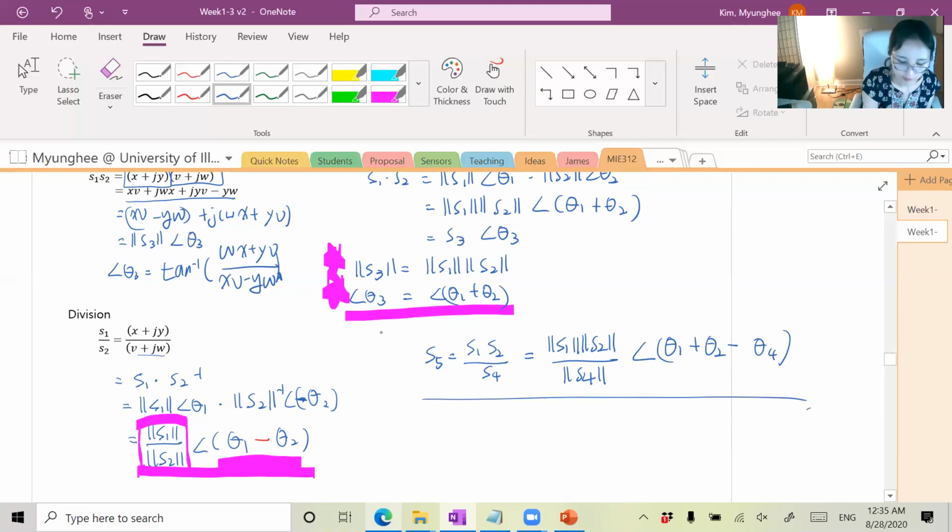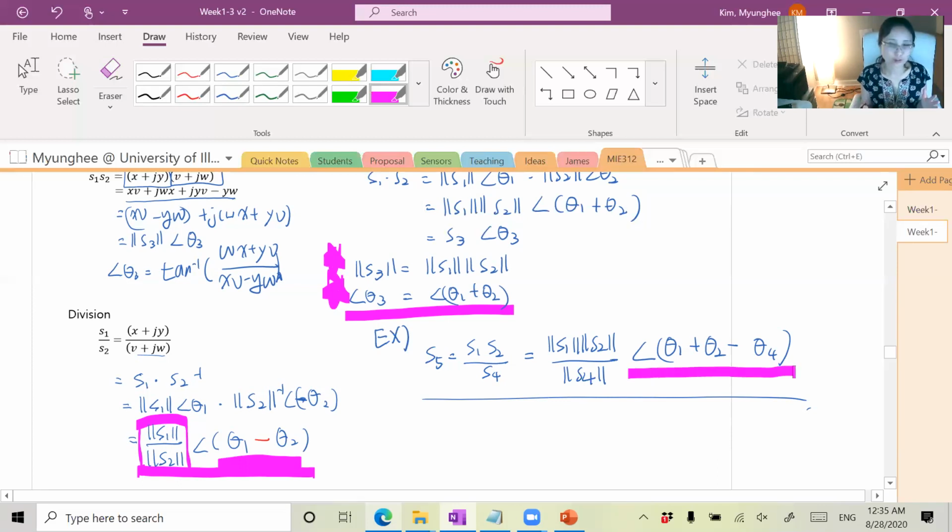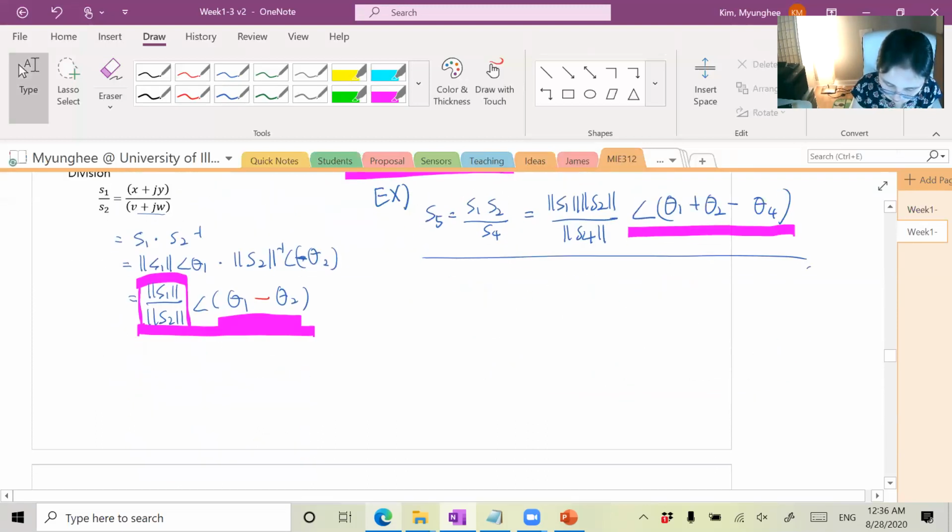So this is one example. So this is fairly simple, but this angle method will be, again, very important in the future. Okay.